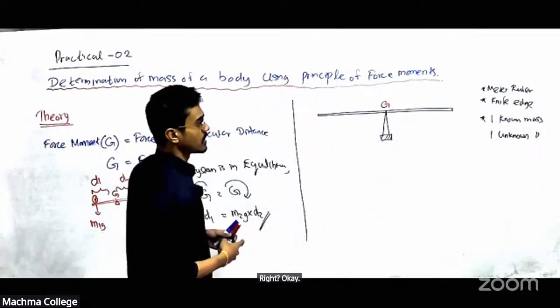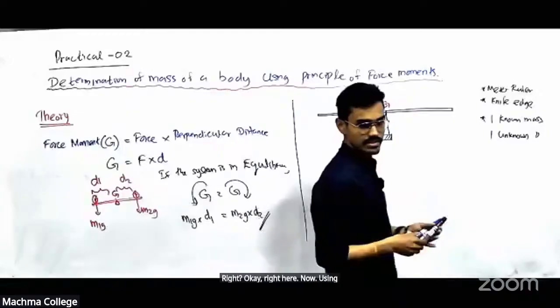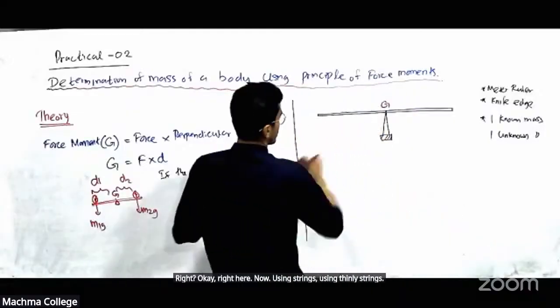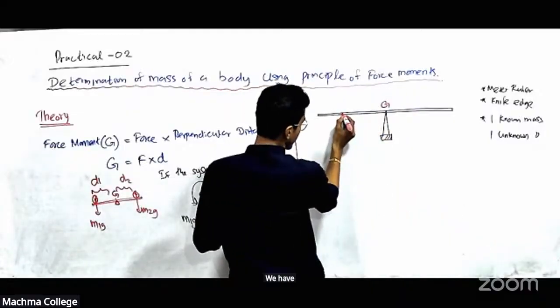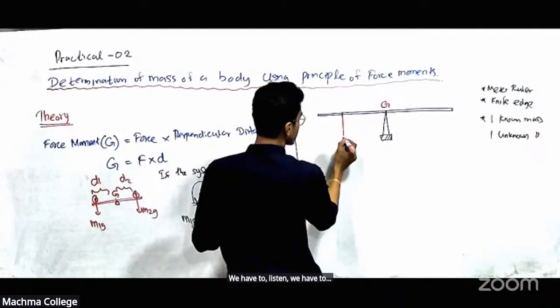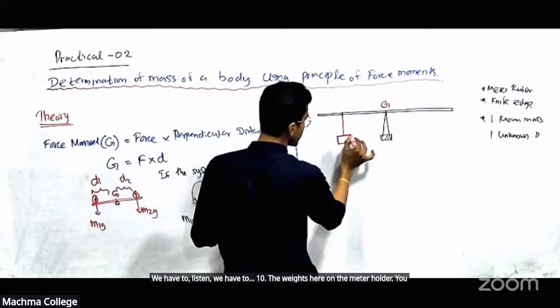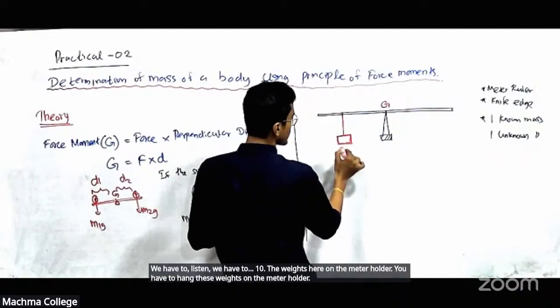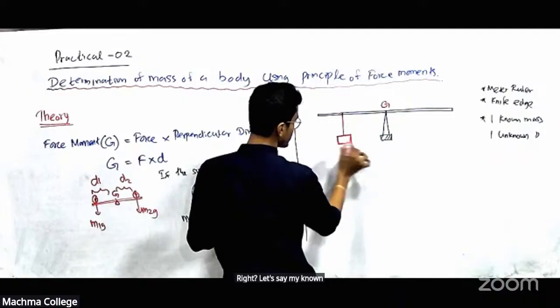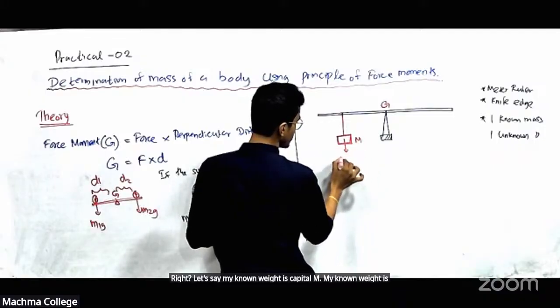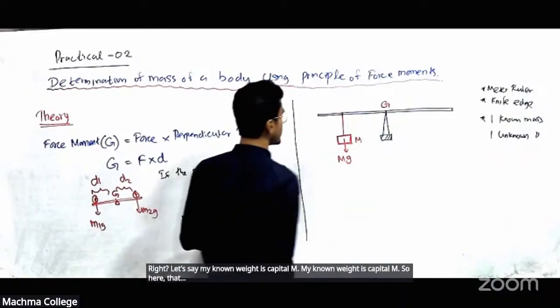Okay, look here. Now, using thin strings, we have to hang the weights on the meter ruler. Let's say my known weight is capital M. My known weight is capital M. So it has a weight of Mg.